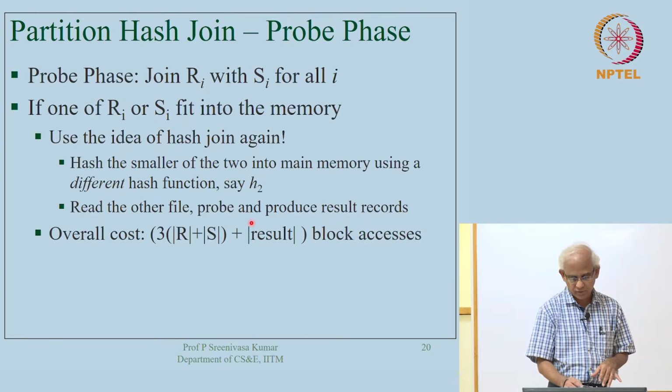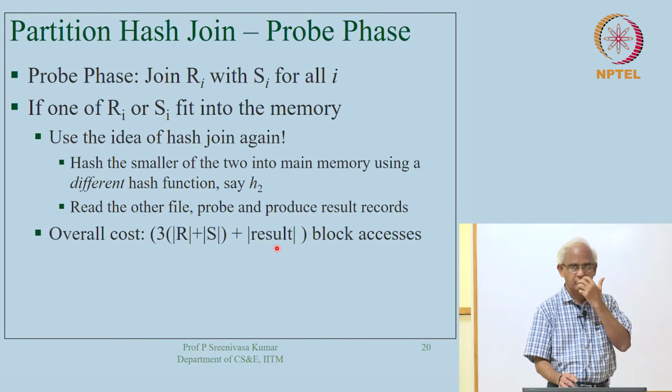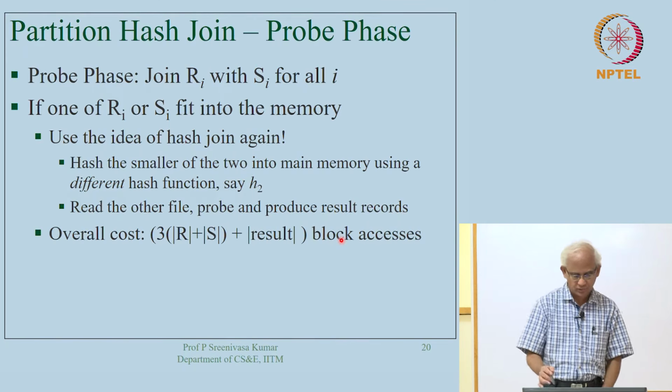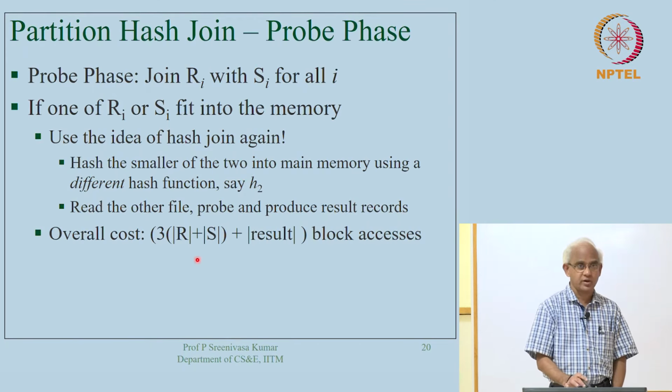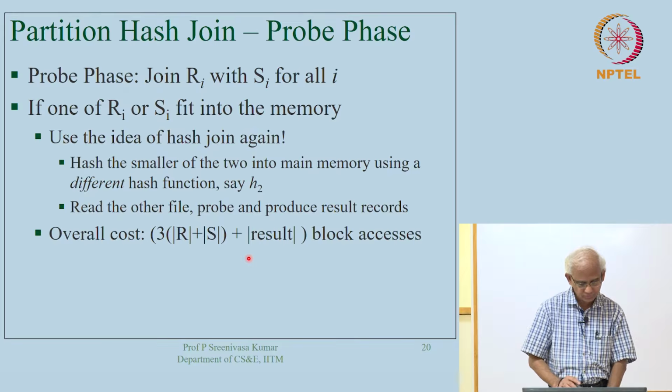Of course, you also have to take into consideration that you start producing result records. They are in a buffer, so you have to keep writing them back to the result, which also causes some block accesses. So plus the size of the result will be the number of block accesses. So partition hash join is not quadratic, it is at least linear, so it is useful in practice.